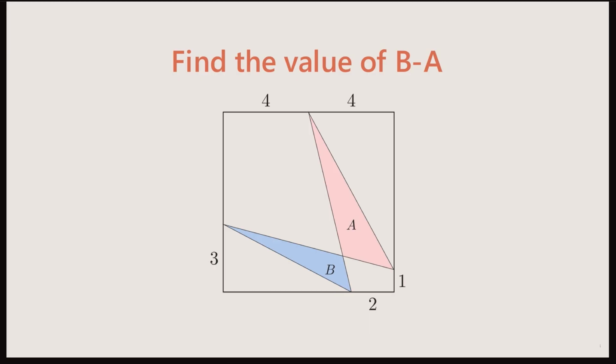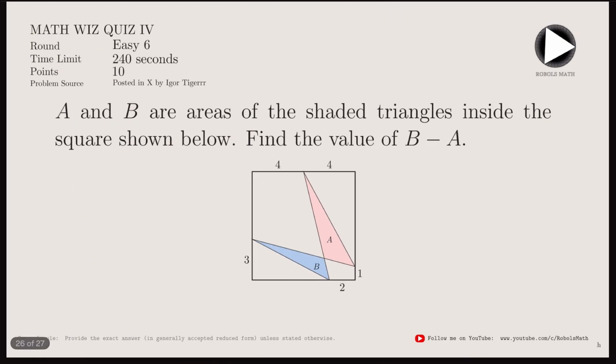Anyway, for this one, we are given a square and then two triangles inside. We are looking for the difference between areas B and A, as indicated by the blue and pink areas shown.